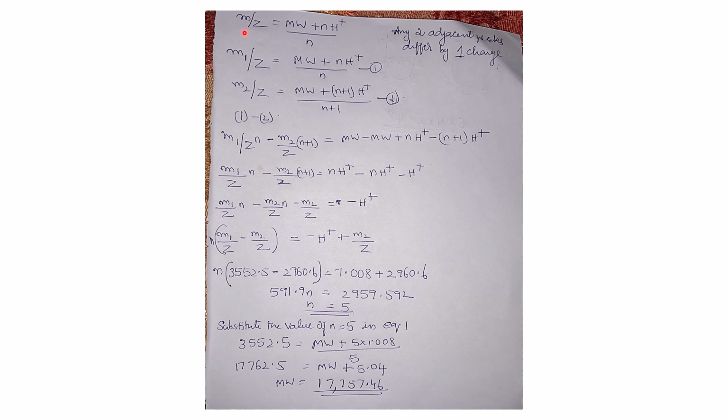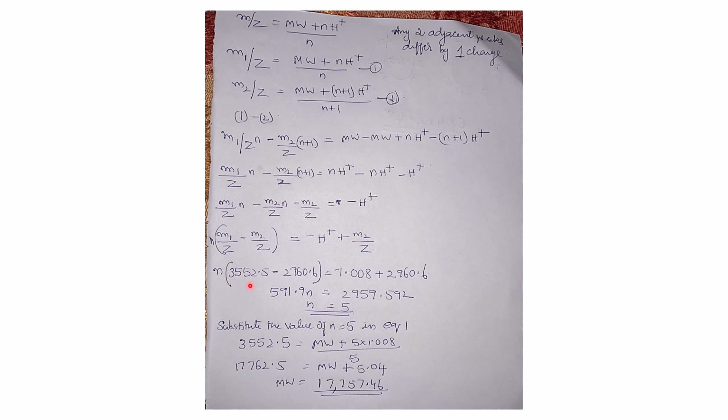So you have the formula for calculating molecular mass. m/z is equal to molecular weight plus N H plus by N. So m1/z is equal to molecular weight plus N H plus by N, and m2/z will be molecular weight plus N plus 1 into H by N plus 1, because two adjacent peaks differ by one charge. This is the simplification for m1 minus m2, and then you put in the values.